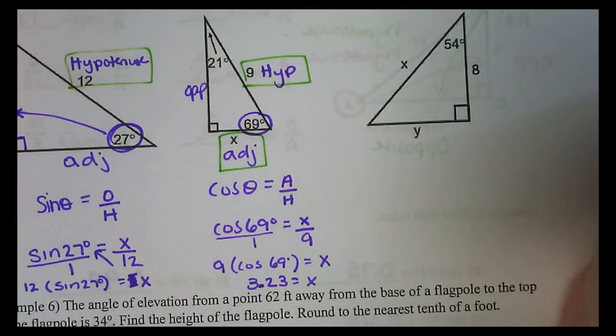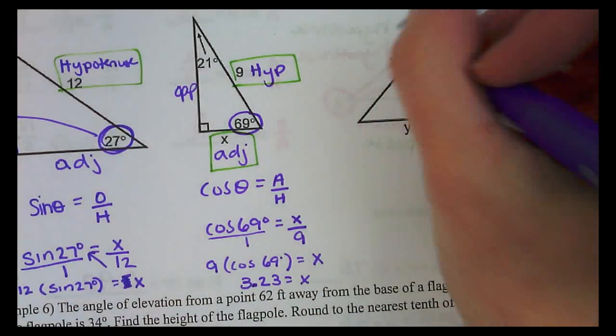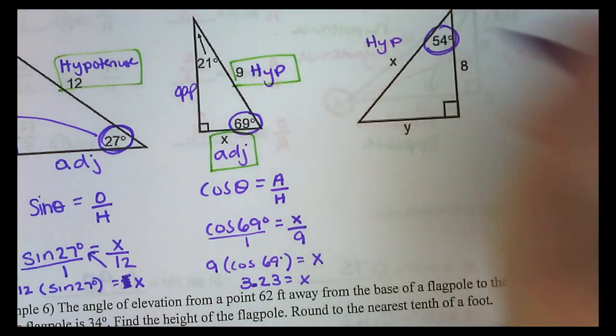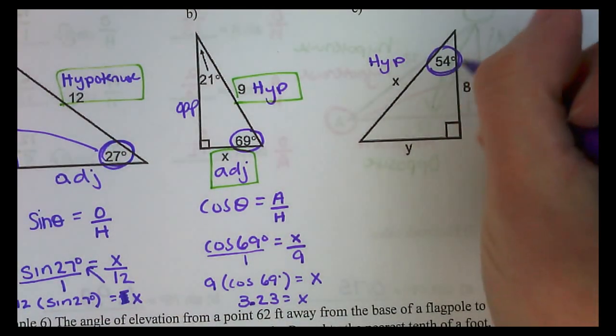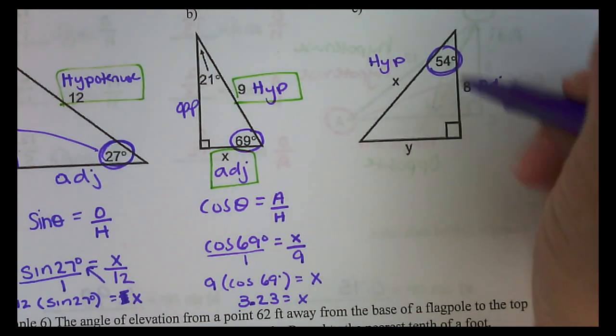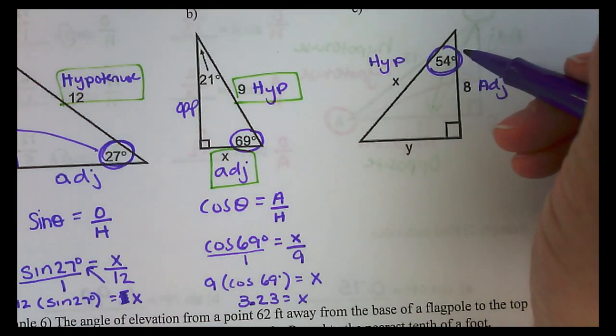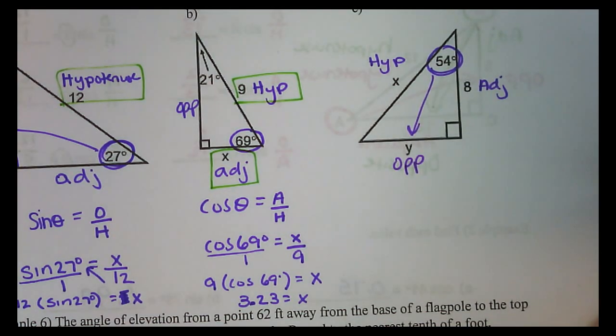Next question. We have this angle. This is definitely our hypotenuse because it's across from the right angle. If I'm focusing on this angle, this is adjacent because this side helps make the angle. And then my y is going to be my opposite. So in this problem, we have two different variables to solve for.